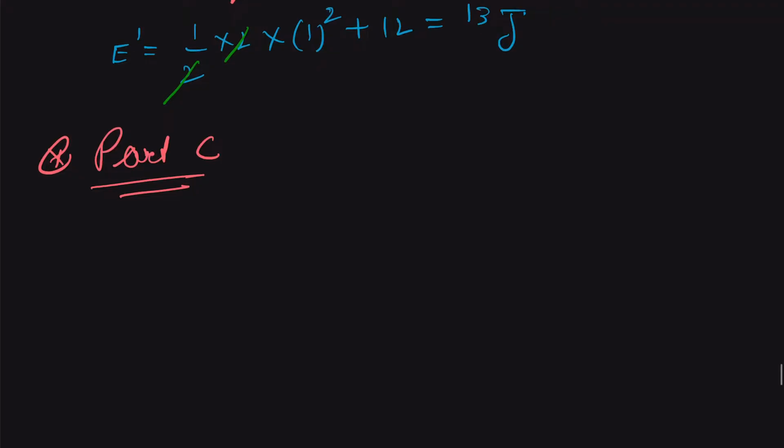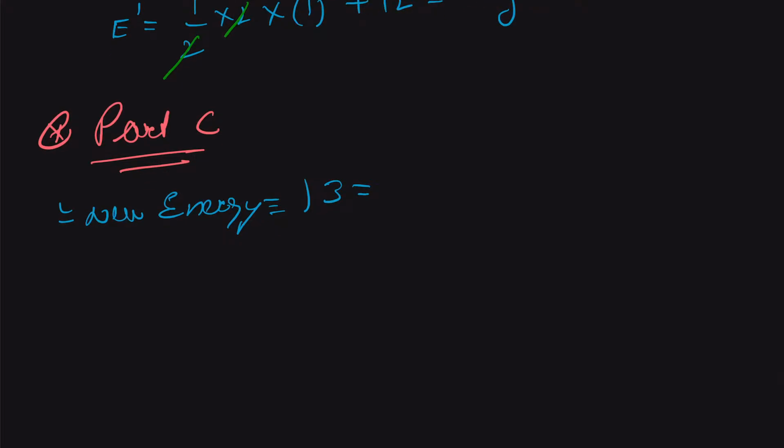So we know that our new energy is 13, or we can also say that this will be our V potential effective at a distance of r, and we substitute it, we get this as 24 upon r square plus 3 by 2 r square will be equal to 13.